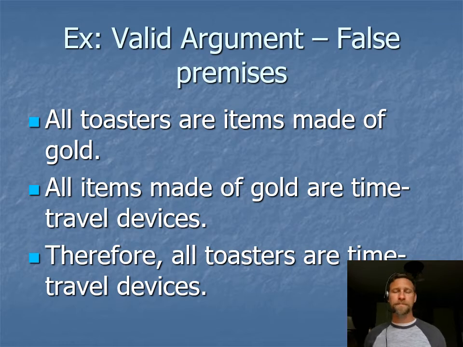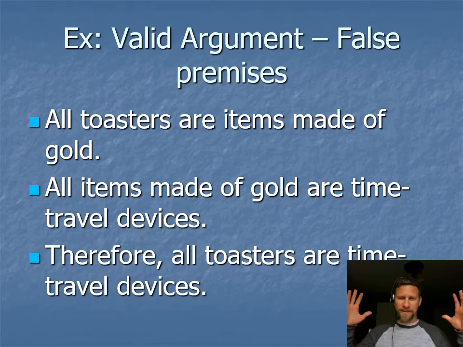Here's another one. Now here's a valid argument with false premises. I love this one. All toasters are items made of gold. All items made of gold are time travel devices. Therefore, all toasters are time travel devices. Now you're probably thinking, wait, what? This is ridiculous. And it is. It's insane.